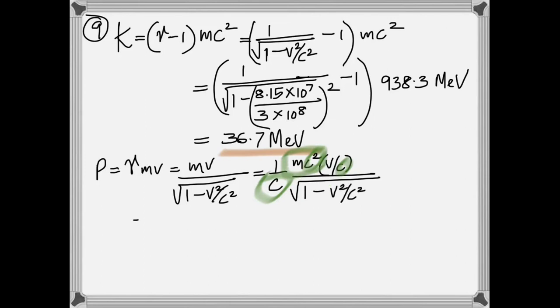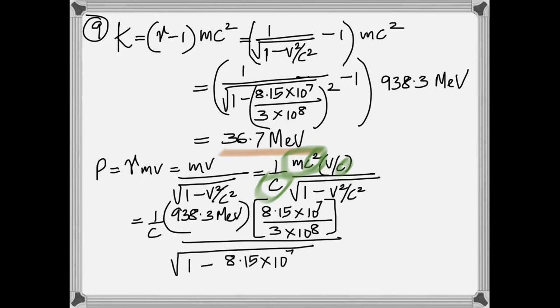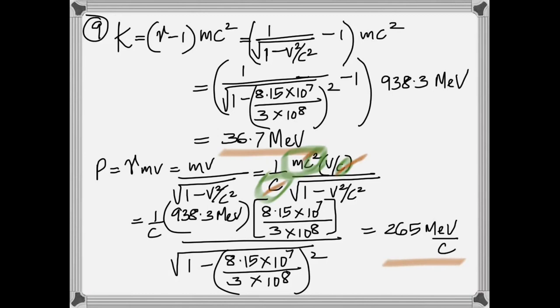And therefore 938.3 mega electron volt, v by c, both values known, divided by the square root of 1 minus the velocity squared, which you can write as (v by c) whole squared, of course. And calculate this, you get 265 mega electron volt by c.